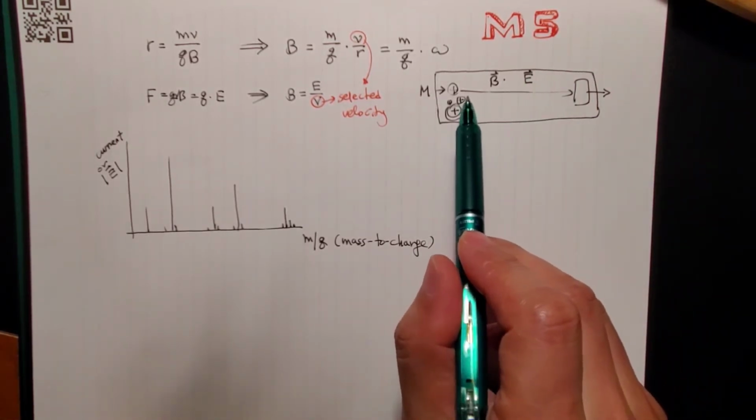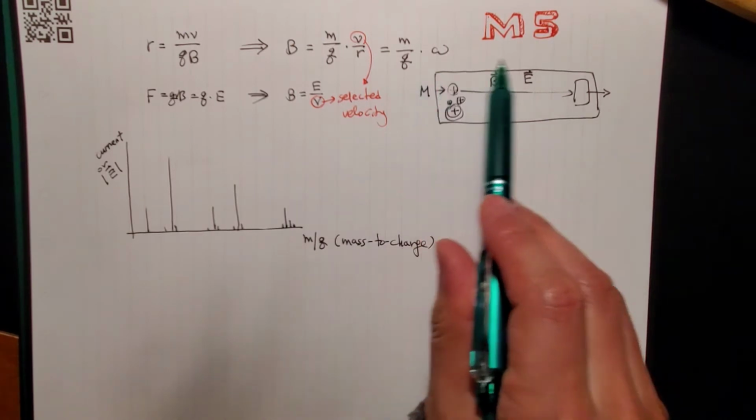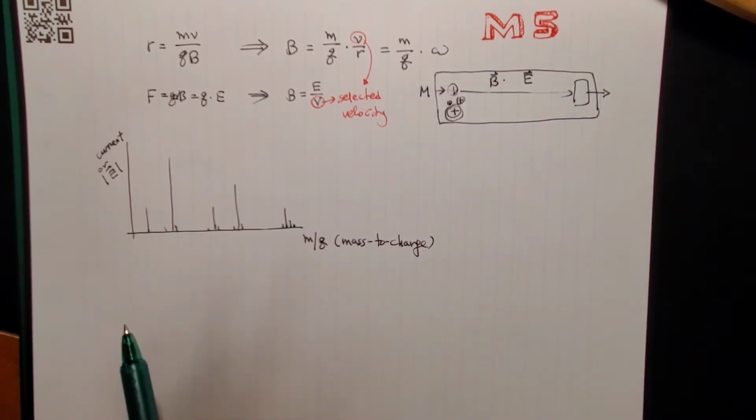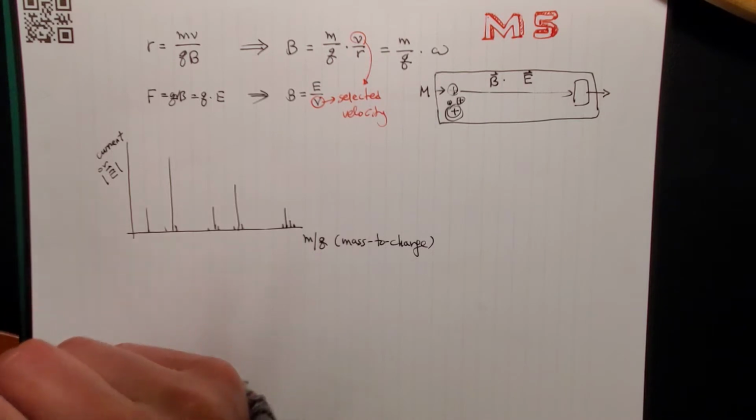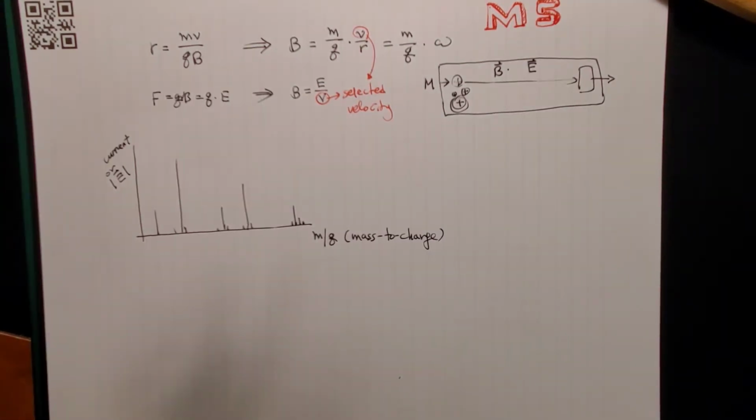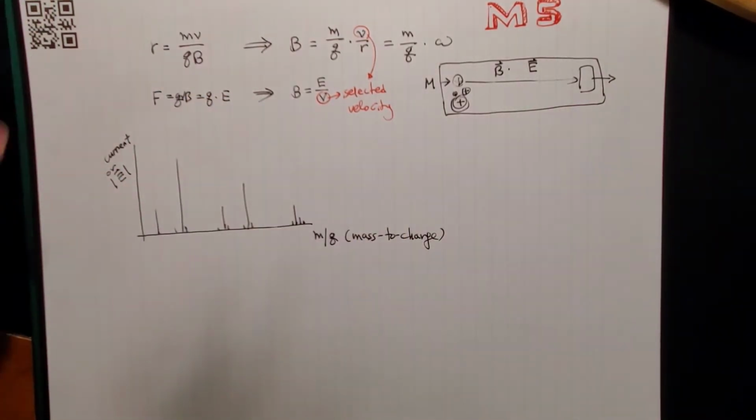So what happens in the mass instrument is, like we saw before, the magnetic sector analyzer with a certain curvature, and the curvature is fixed.